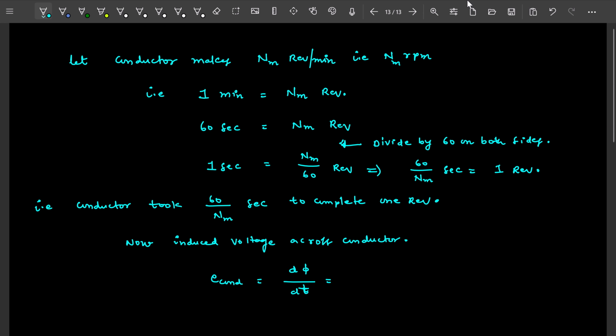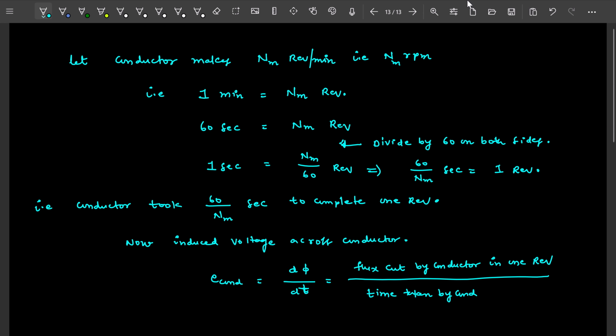This is Faraday's second law of electromagnetic induction, where d phi is nothing but the flux cut by the conductor in one revolution, divided by dt, where dt is nothing but the time taken by the conductor for one revolution.